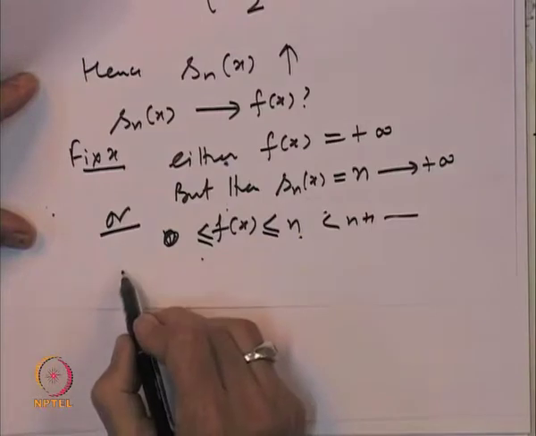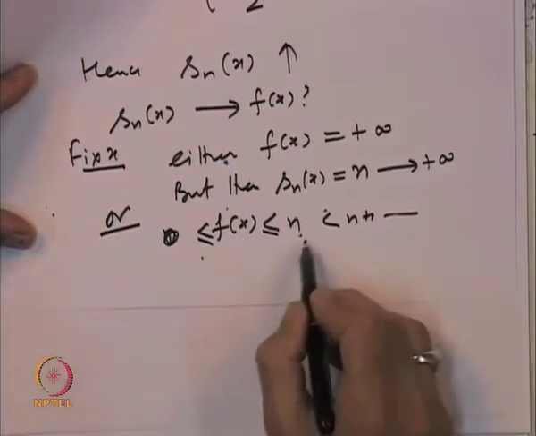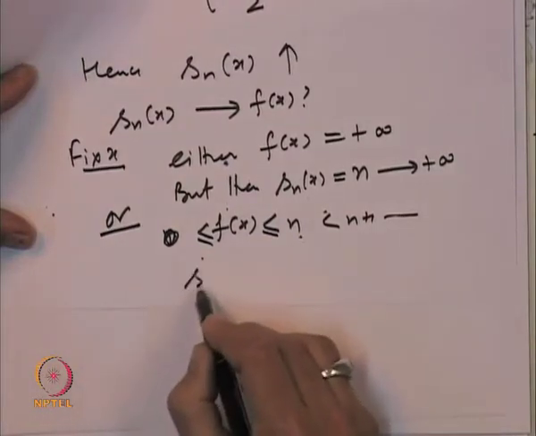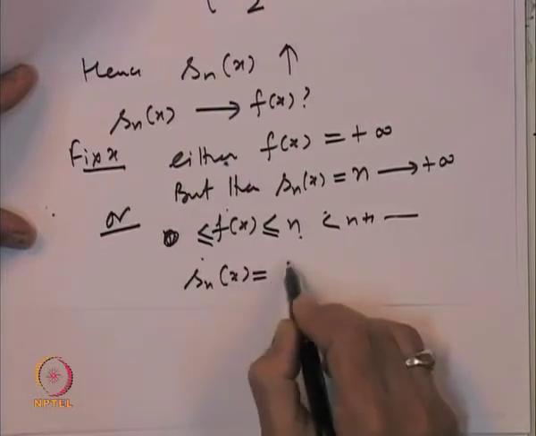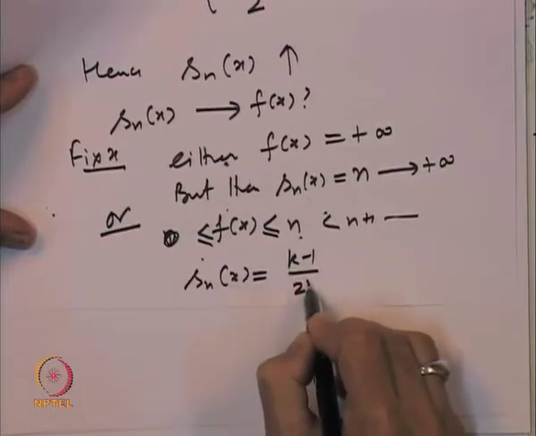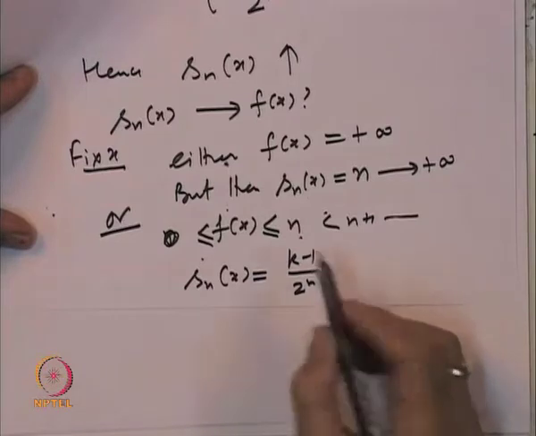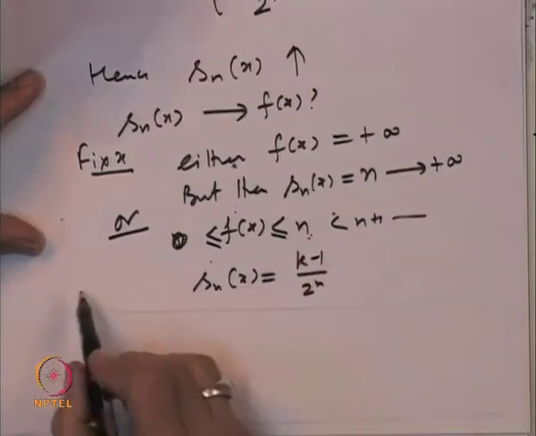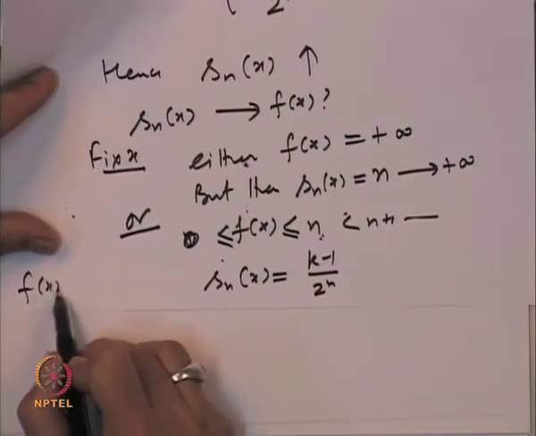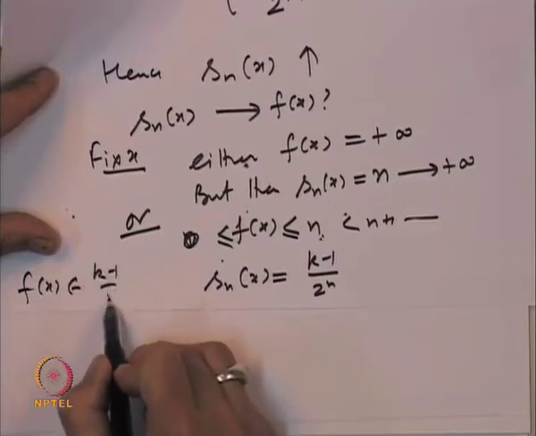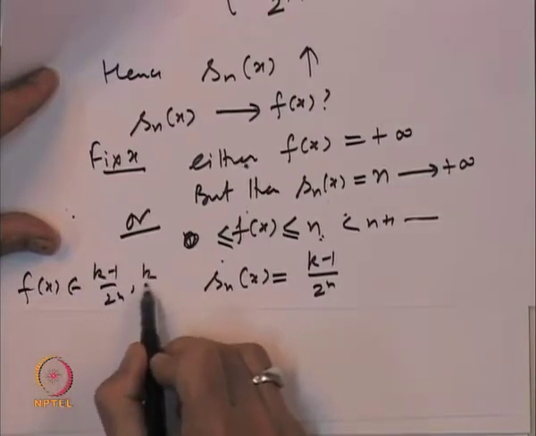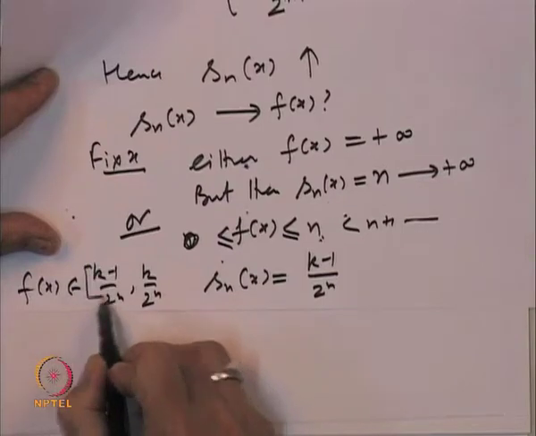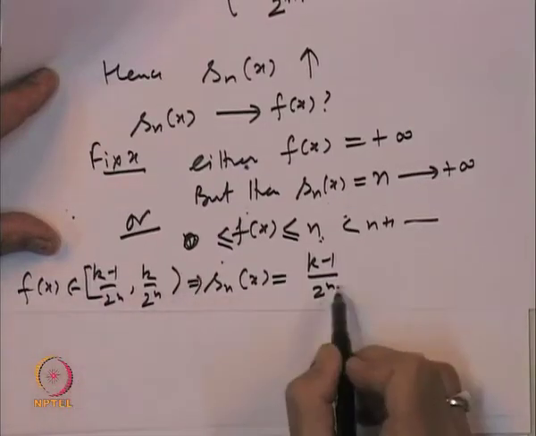And what is S_n(x) in that case? In that case, S_n(x) is going to be (k minus 1) over 2 to the power n. If this is so, then f(x) will belong to one of the intervals (k minus 1) over 2^n and k over 2^n.